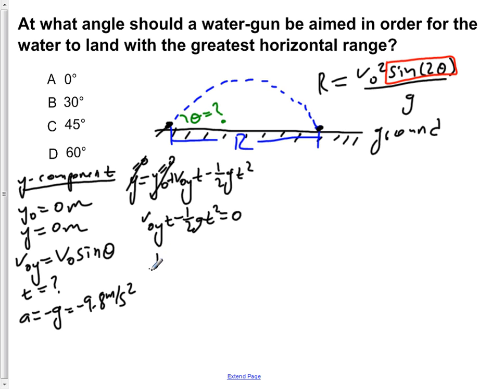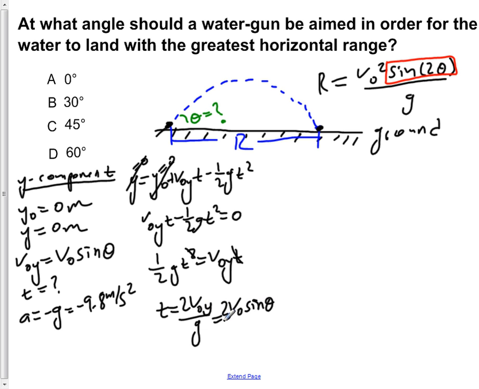Now we add 1/2 g t squared to both sides. Now we can cancel the t, and if we multiply by 2 and divide by g, we get time is equal to 2 v naught y over g, which is 2 v naught sine theta over g.